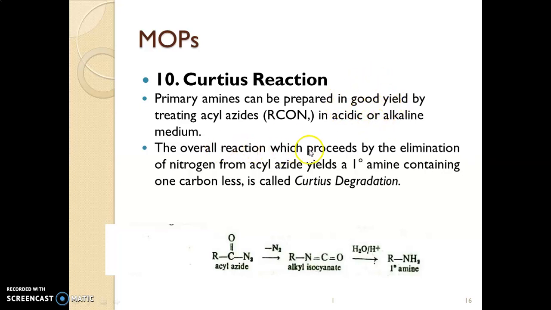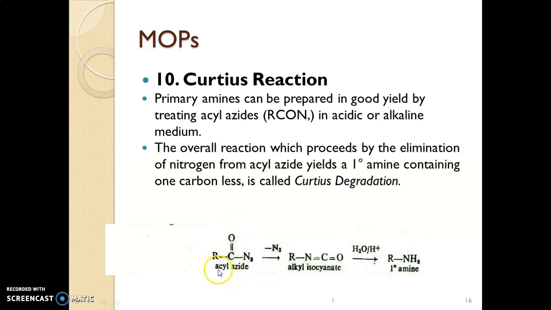Overall reaction proceeds by the elimination of nitrogen from the acyl azide, and it yields the primary amine which contains one carbon less, and the whole process is known as the Curtius degradation. So let's see the reaction.